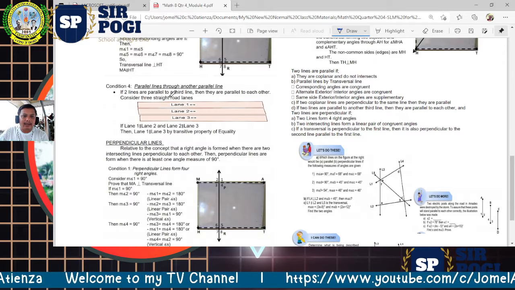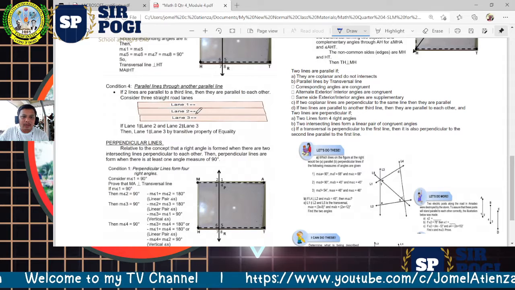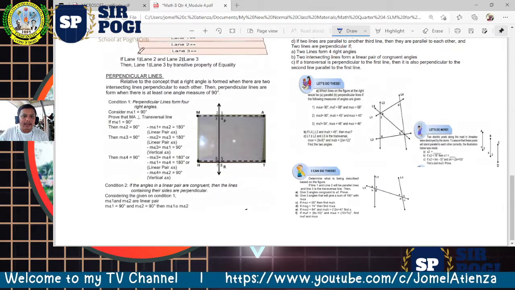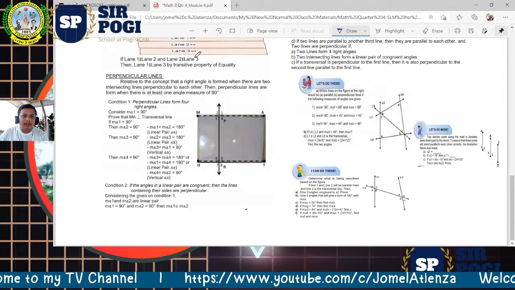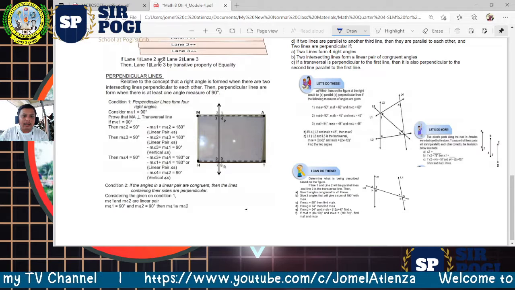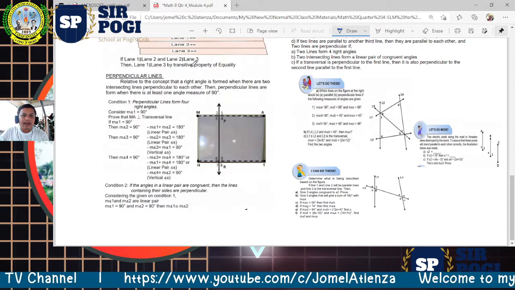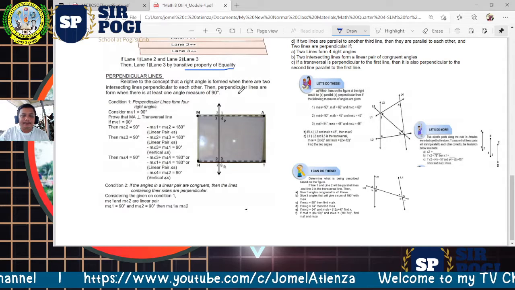Consider three straight road lanes: lane 1, lane 2, then lane 3. So if lane 1 is parallel to lane 2 and lane 2 is parallel to lane 3, we can say that lane 1 is parallel to lane 3 by the transitive property of equality.